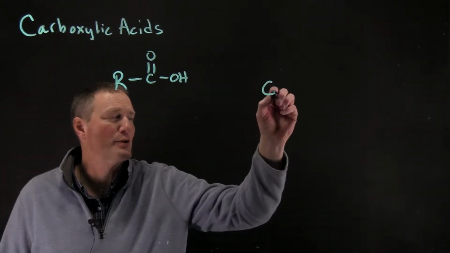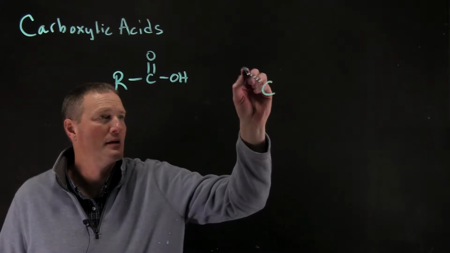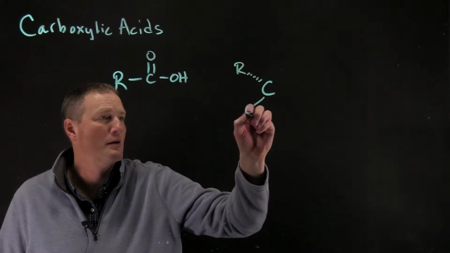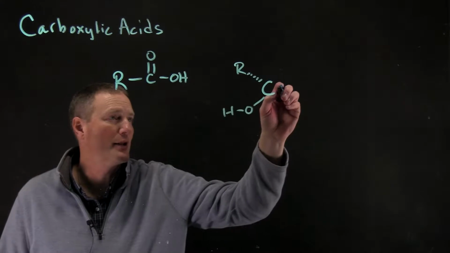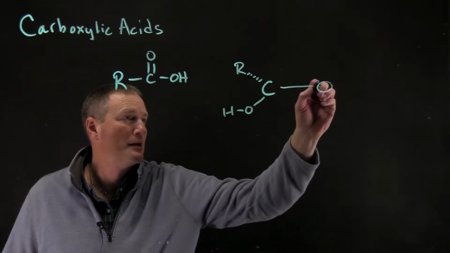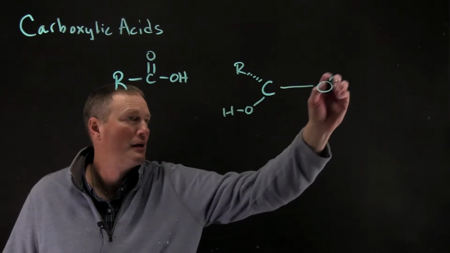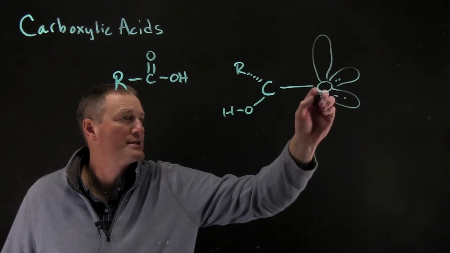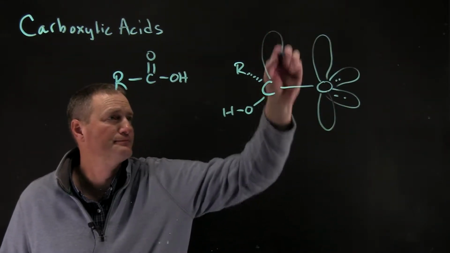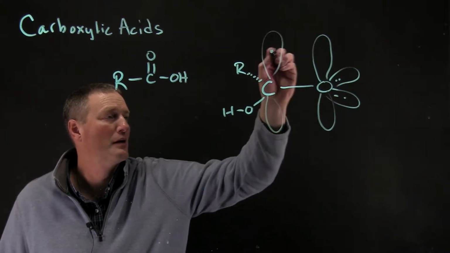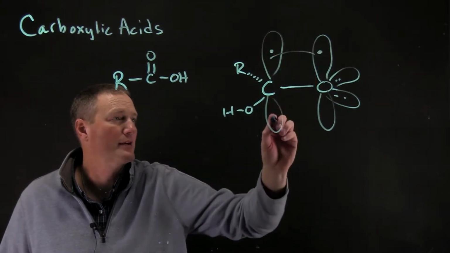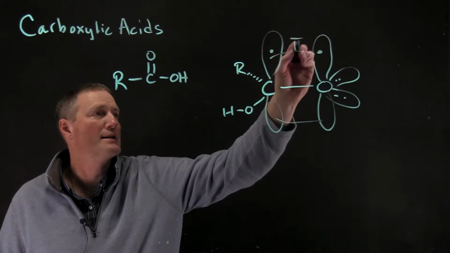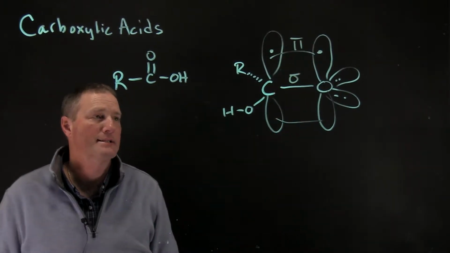So if I were to redraw this in the following way, what we would see is that carbonyl, just like we saw with other carbonyls, has a pi bond and a sigma bond.